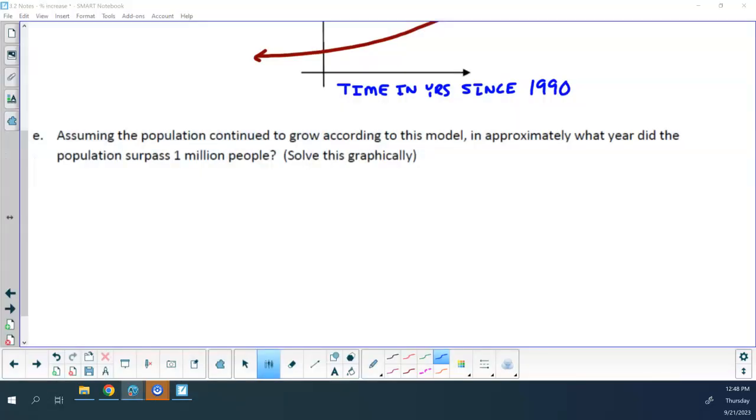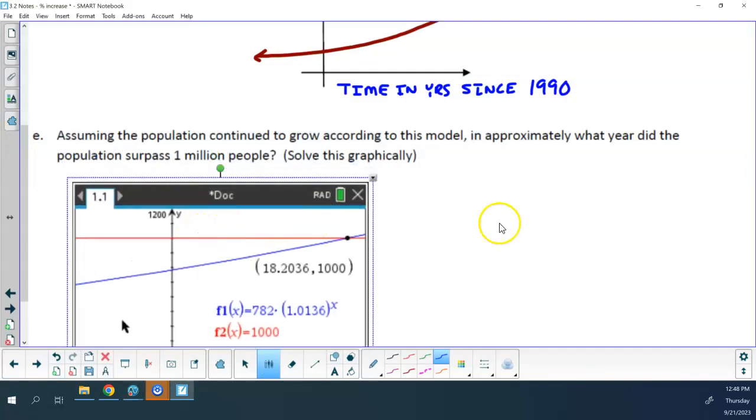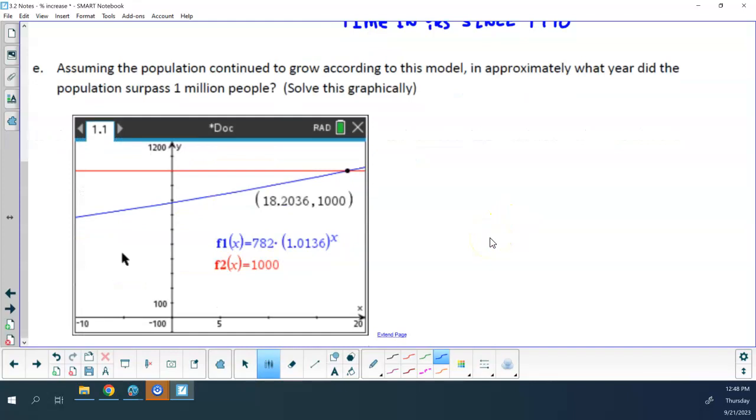When does the population, mine says 1 plus 3, because you're rounding too short. If you hover over it, it'll tell you what it is. When does the population surpass 1 million?